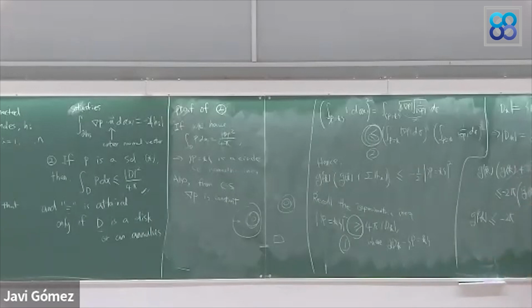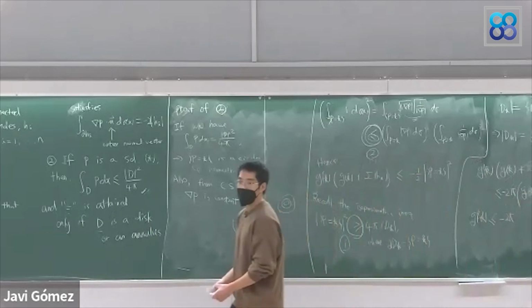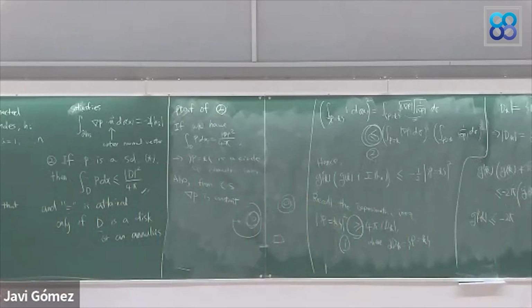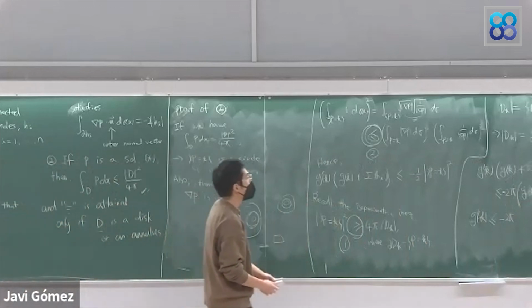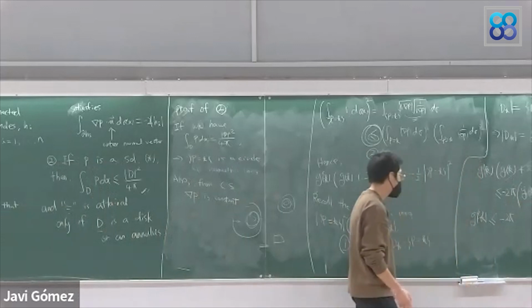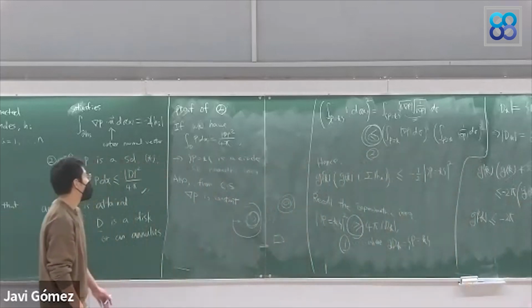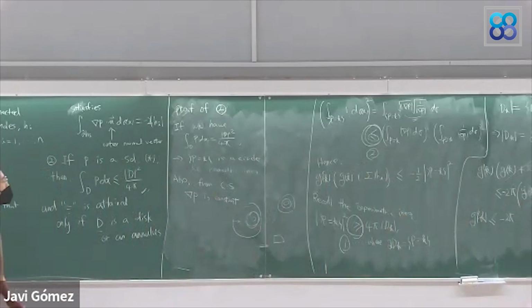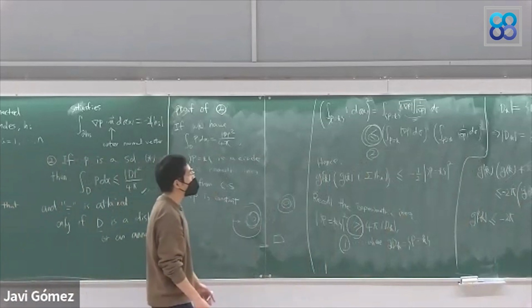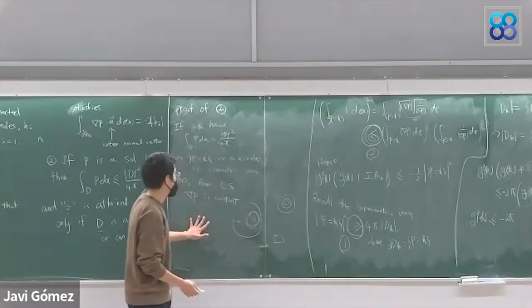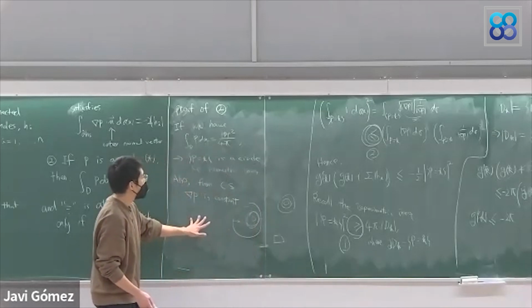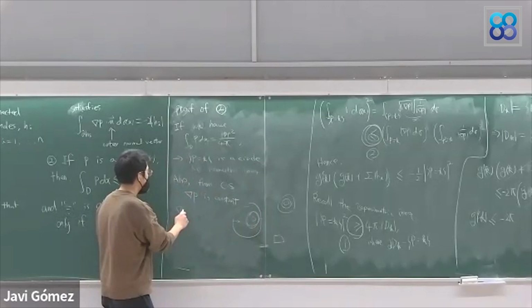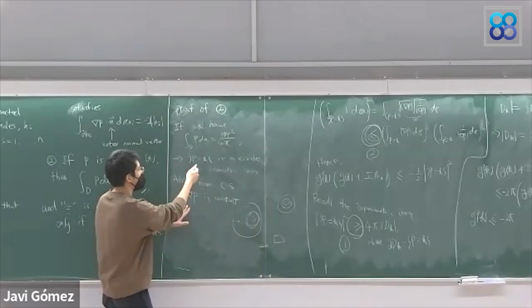Any questions? Yes. So what it says is that the gradient of p is constant on each level set, and each level set is a circle.